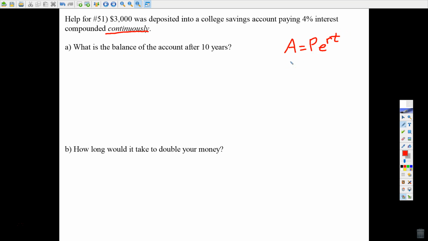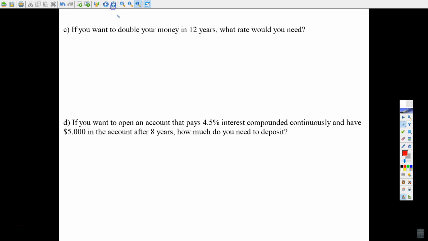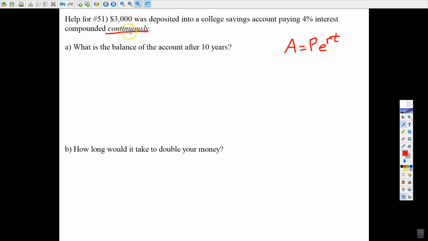That's just like we learned previously in the old formula. Okay, and I'm going to walk you through this. Problem number 51 really has 4 parts, so it's really like 4 separate problems. What I'm going to do is very similar to your number 51, so I'm going to need for you to watch carefully as I go through this using this formula.